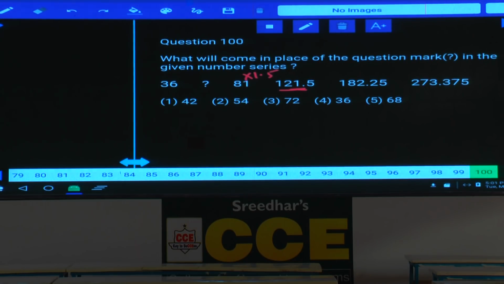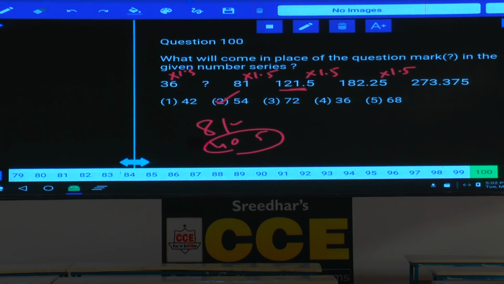Right, Shaleda? 81 plus 40.5, and 40.5 is 81 by 2. Similarly here again, 121.5 into 1.5 gives 182.5. Here into 1.5, 36 plus 18 will be 54, isn't it? 54, that is choice 2. Each of these numbers is multiplied into 1.5, 1.5, 1.5 and so on.